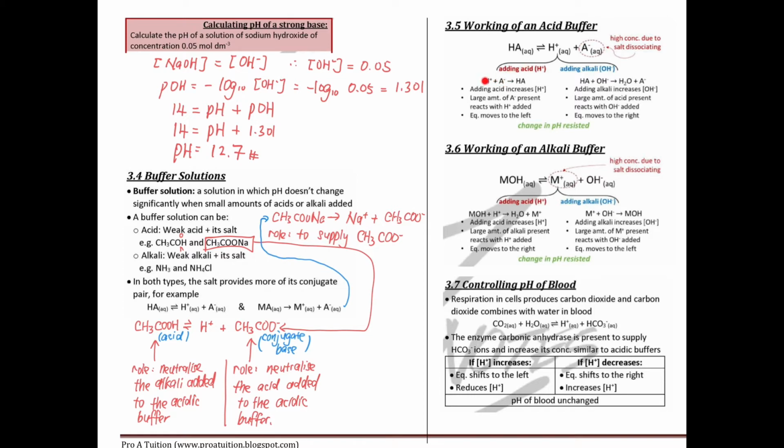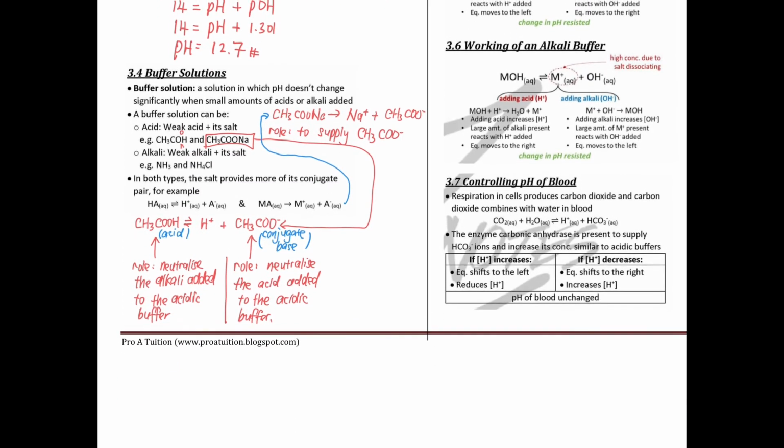This H plus added from outside to the acidic buffer combines with the A minus to form HA. For example, here, the role of CH3COO minus, as written down here, is to neutralize the acid added to the acidic buffer.